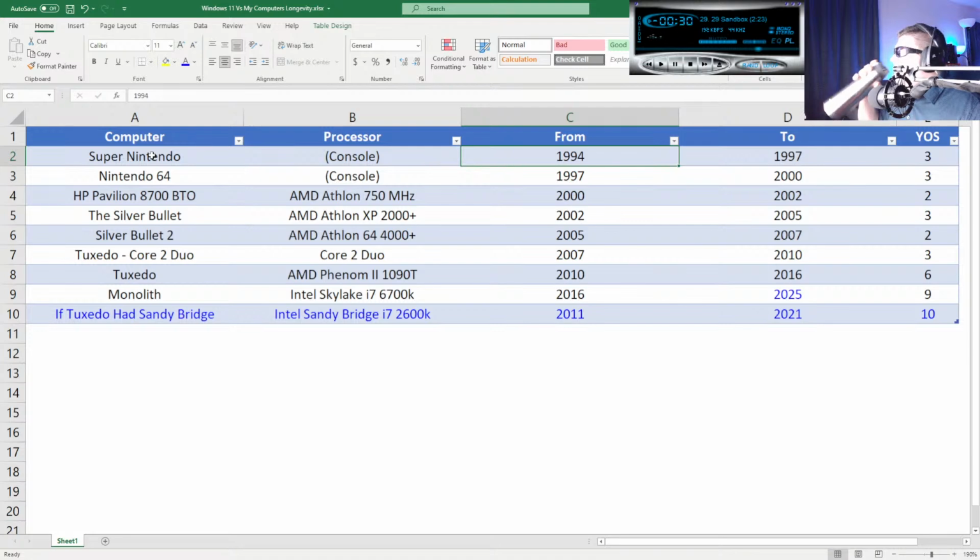Or was it 93? No, 6th grade. I was playing Sim Earth in 6th grade on the Super Nintendo. When was that? Let's see. I'm gonna need the calculator for this.